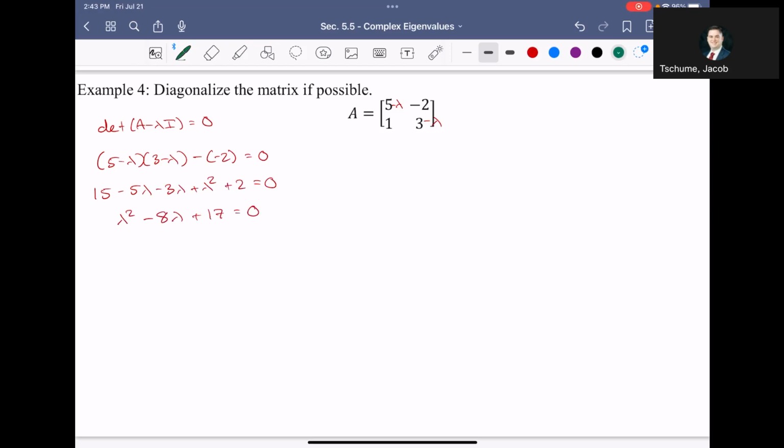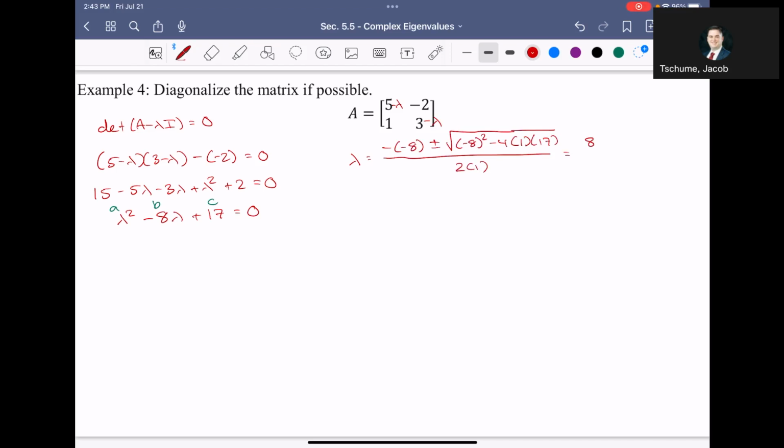So for our quadratic formula this time, a is 1, b is -8, and c is 17. So when we do our quadratic formula, lambda will be the negative of -8 plus or minus the square root of -8 squared minus 4 times a times c, all over 2 times a.